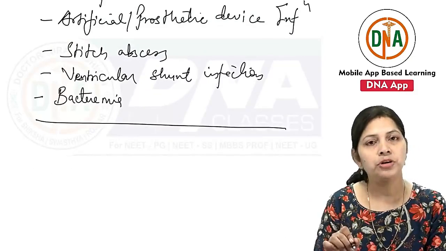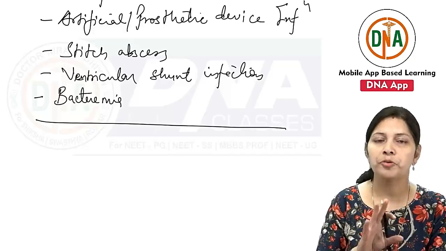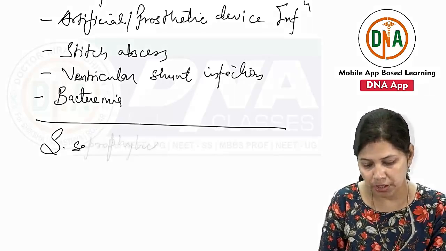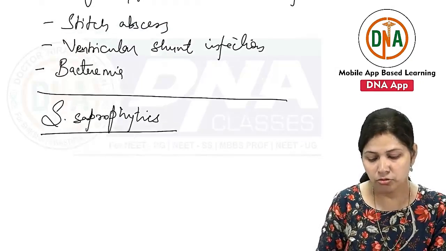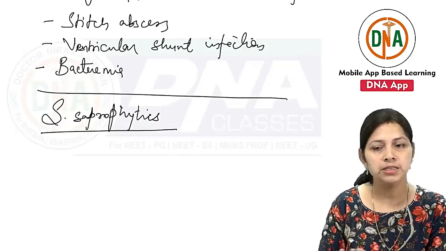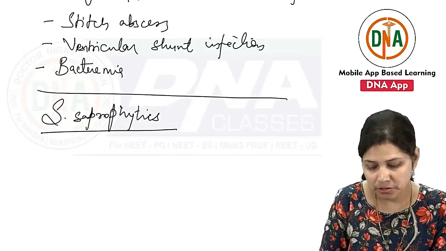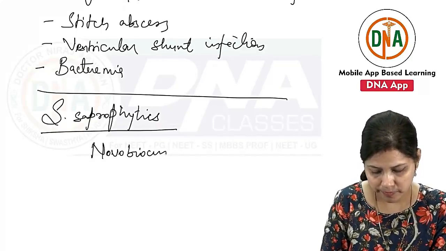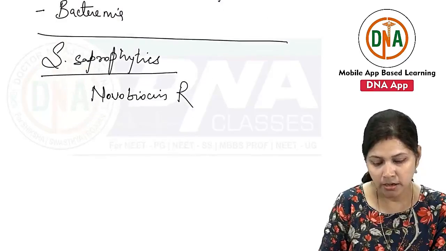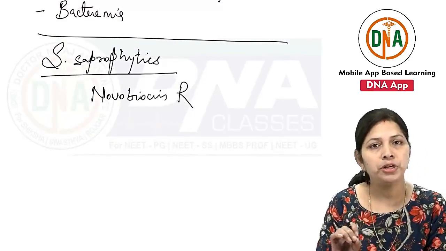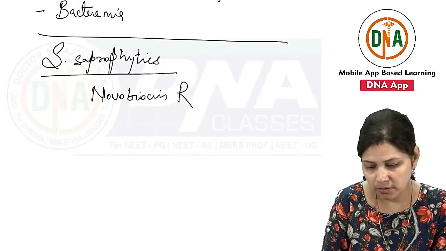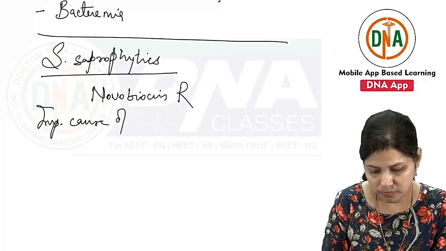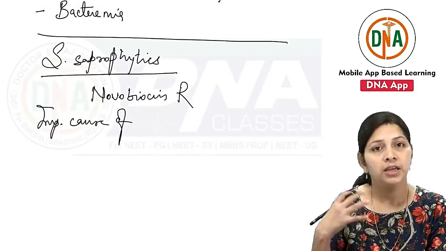The second important species of the CONS group or coagulase negative staphylococci is Staphylococcus saprophyticus. A few important points regarding this: it is novobiocin resistant, and it is a very important cause of UTI, especially in young females.